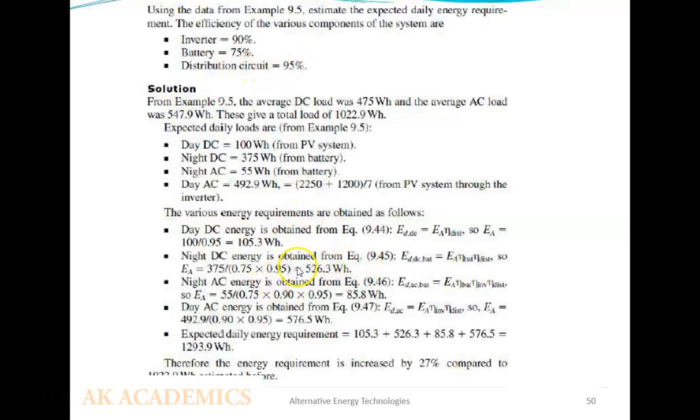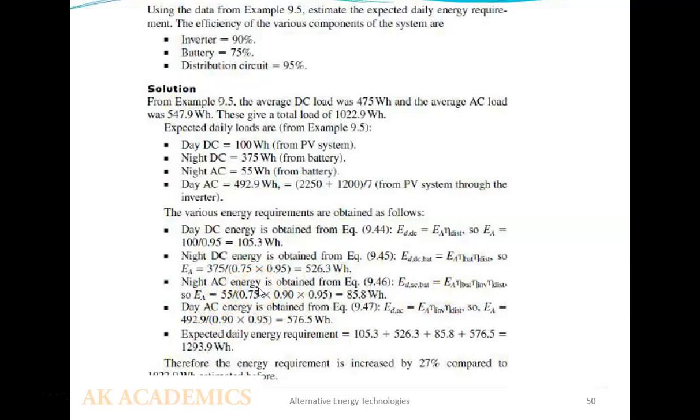So at the end of the day, what you obtain here is 526.3 watt hours. The night DC energy requirement will therefore be equal to 526.3 watt hours.